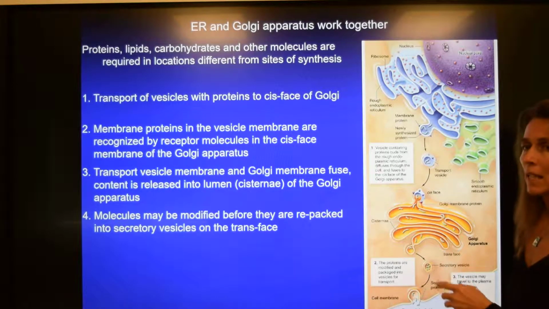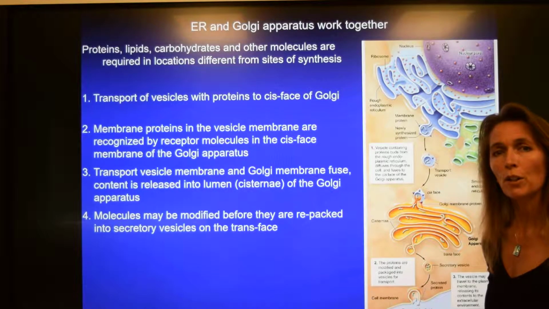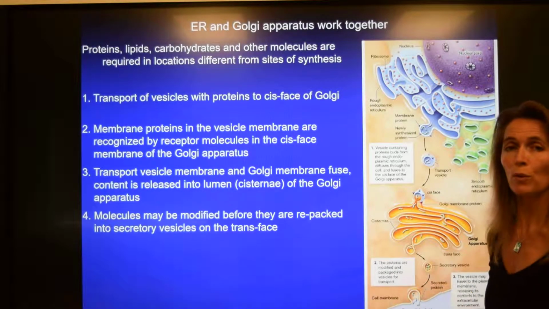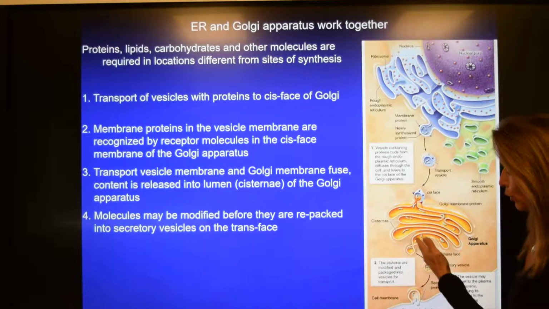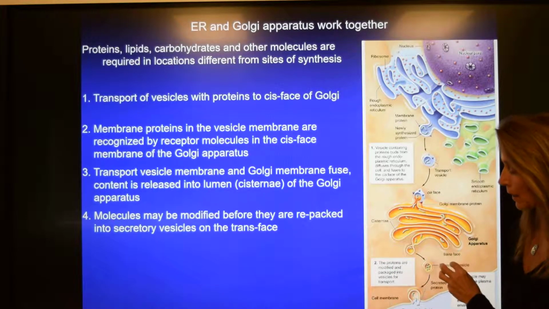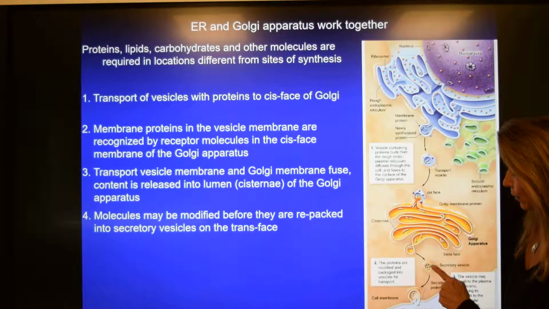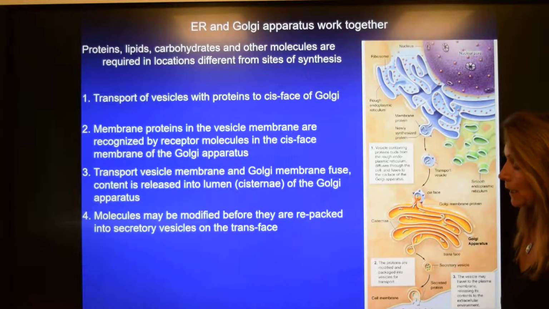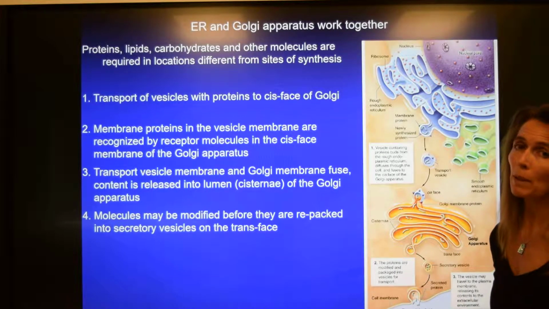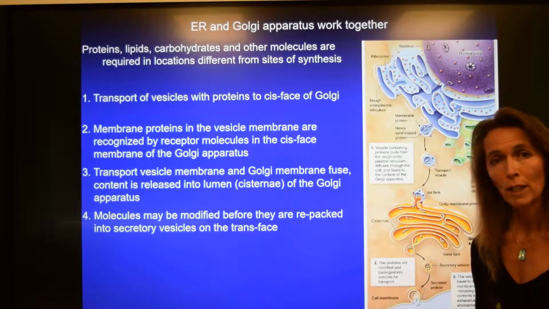And depending on what kind of molecules are within those vesicles now, these vesicles can go in different directions. What they've shown here is an example for a vesicle that contains a molecule that is needed on the outside of the cell. A typical example for this would be a neurotransmitter.